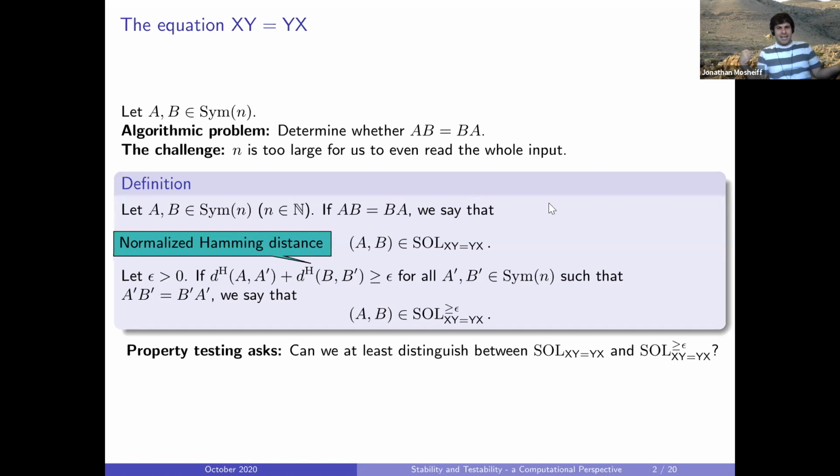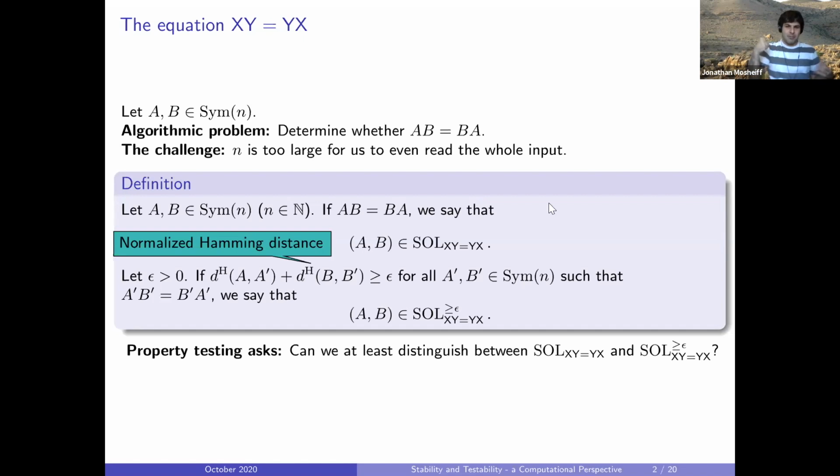Okay, and now we get what's called in computer science a property testing problem. So property testing is a field that's generally concerned with problems of the following sort. We want to test whether some object either belongs to some solution set or is epsilon far from the solution set.